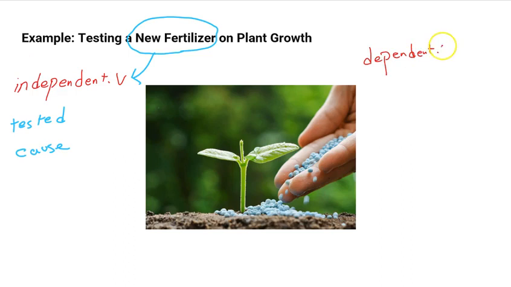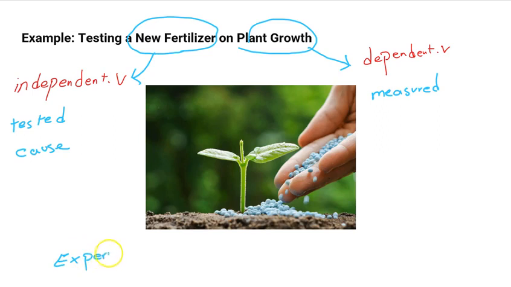What about the dependent variable? The dependent variable is the variable that we are going to measure. So it should be measured. What we are going to measure is the plant growth. So it means the plant growth is going to be our dependent variable. Now for creating the experiment, we need to create our experimental group and then control group.